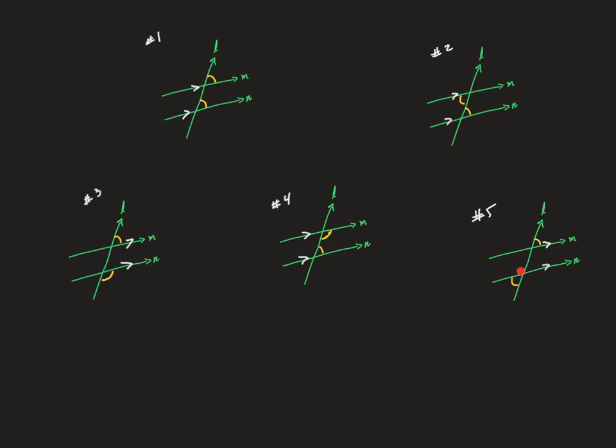And then alternate exterior angles are going to be congruent. So let's see here. These are alternate exterior angles, and they are going to be congruent. Number 4 is going to be same side interior, and those are going to be supplementary.